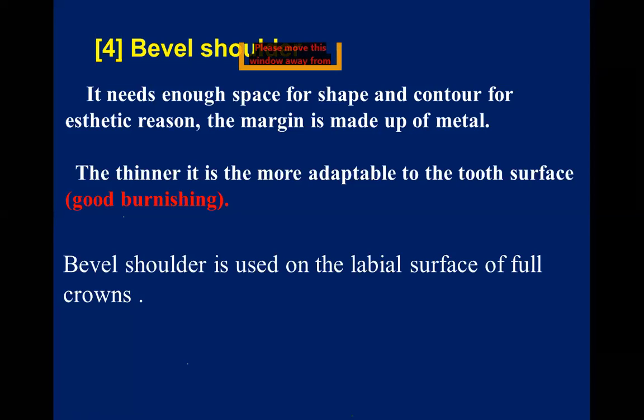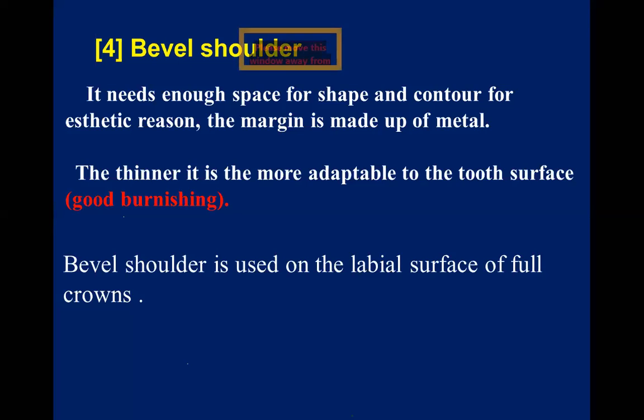That means if it is an excessive cutting finishing line and we want to be conservative, what are we going to do? We are going to make the labial surface having only the ceramic, and the other surfaces will be left metallic.